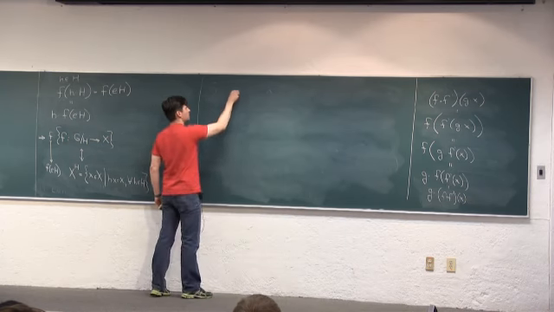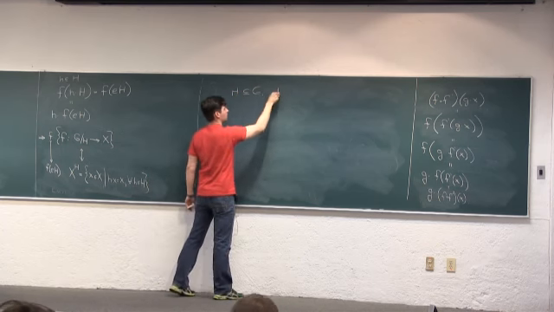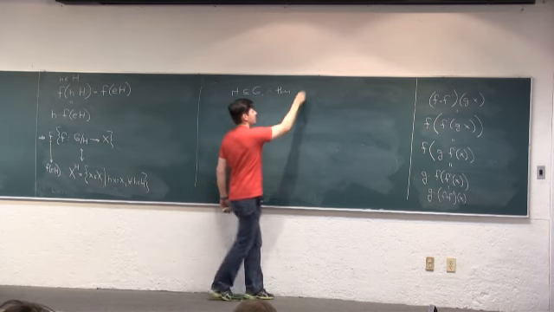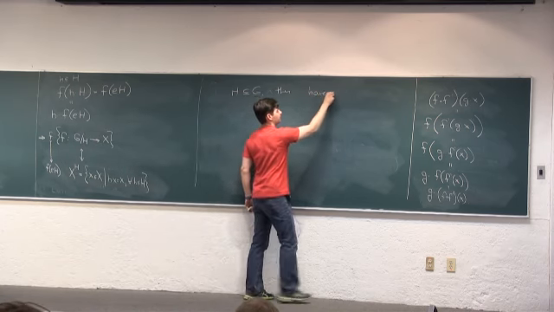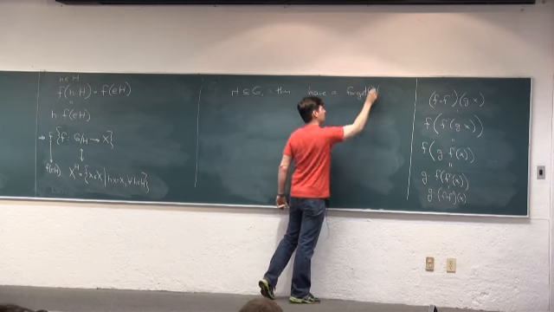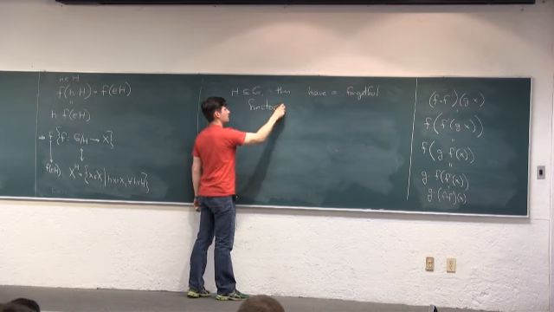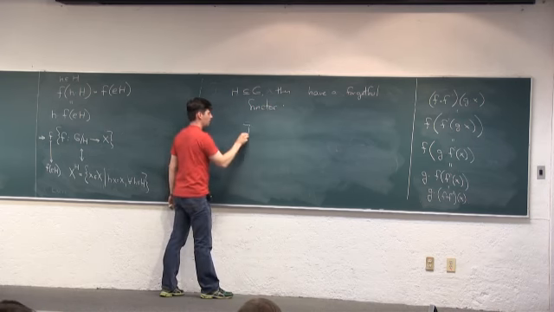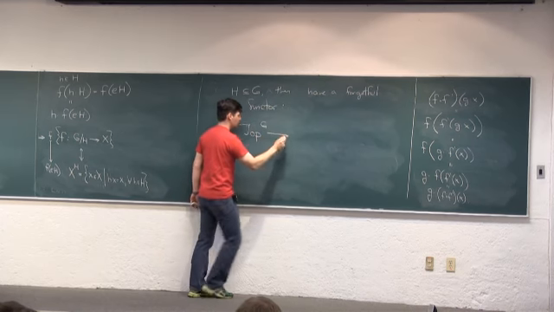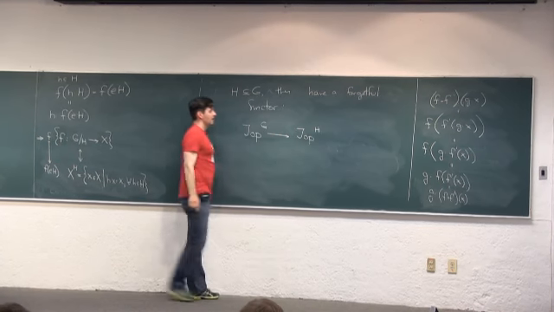So if H is a subset of G, then we have a forgetful functor that takes me from the category of G spaces to the category of H spaces.